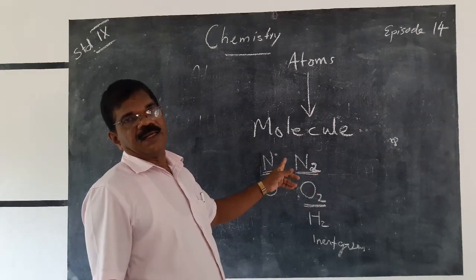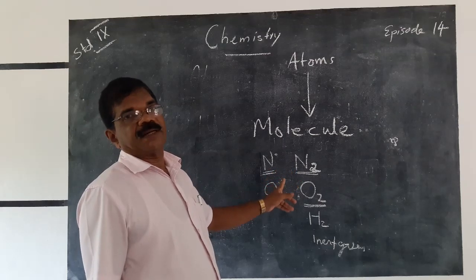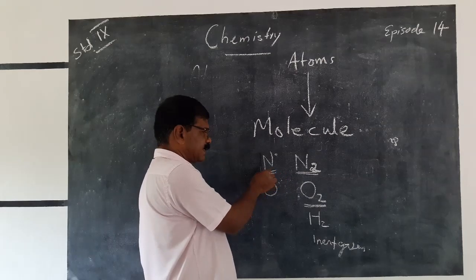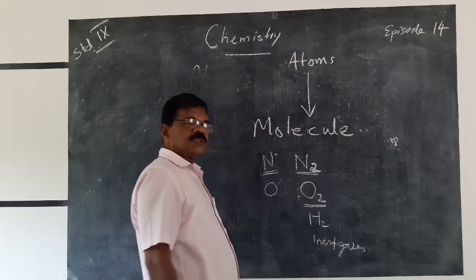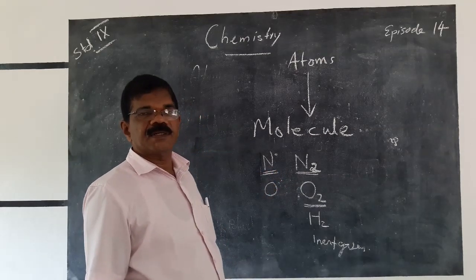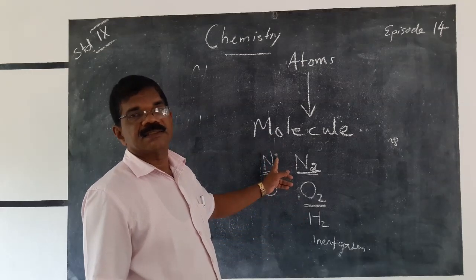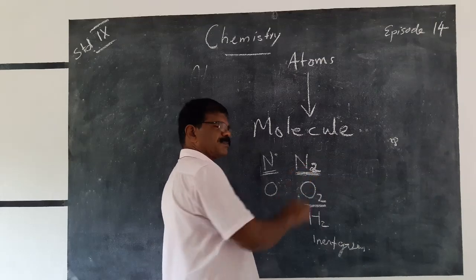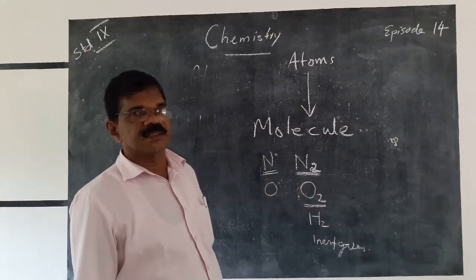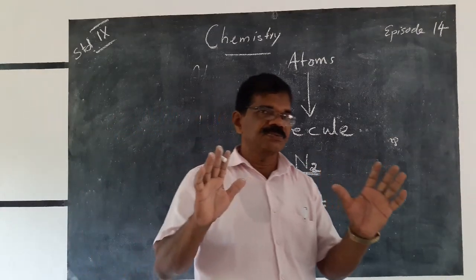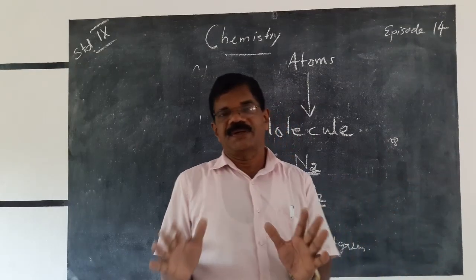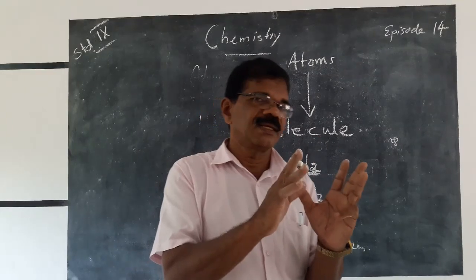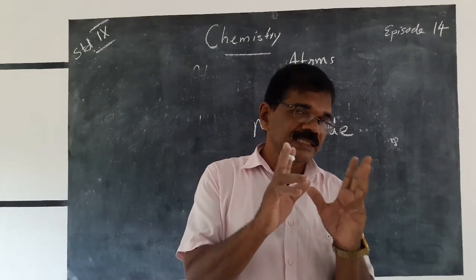Can we find one more difference? This nitrogen atom does not show all the properties of nitrogen gas, but the nitrogen molecule shows the properties of nitrogen gas. That is the difference between an atom and a molecule. Atoms cannot exist freely, with certain exceptions.